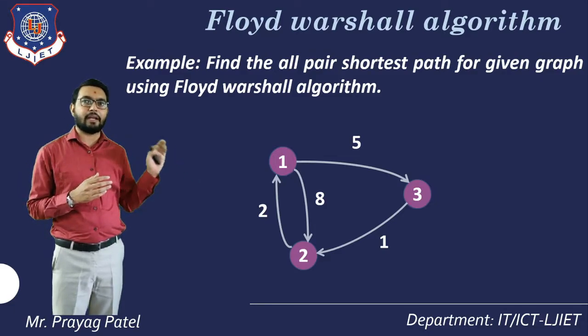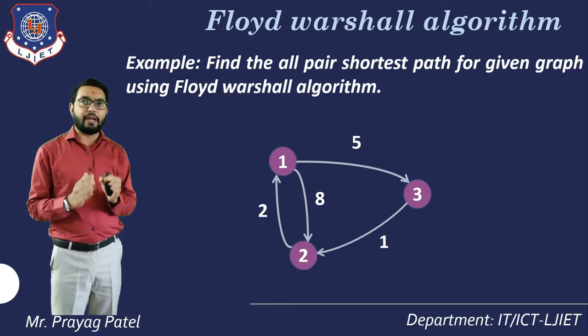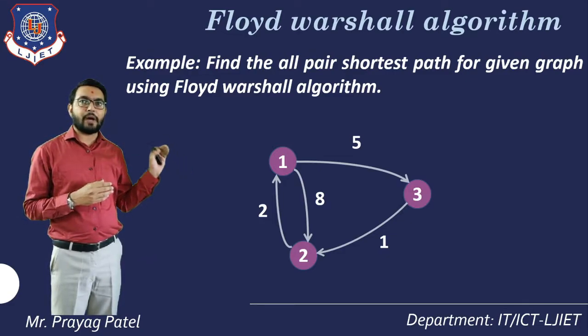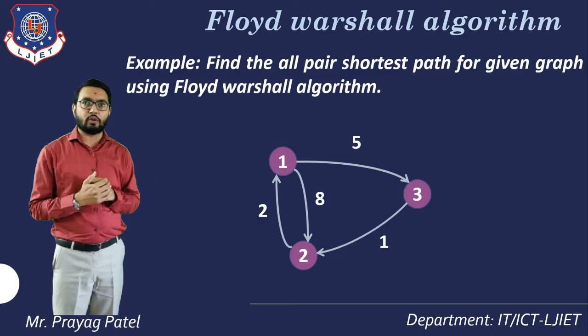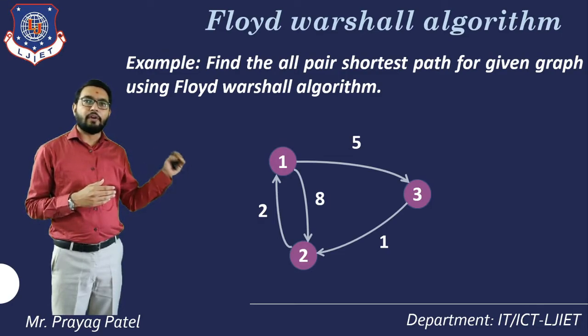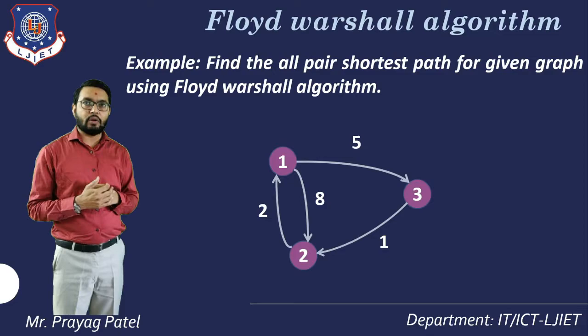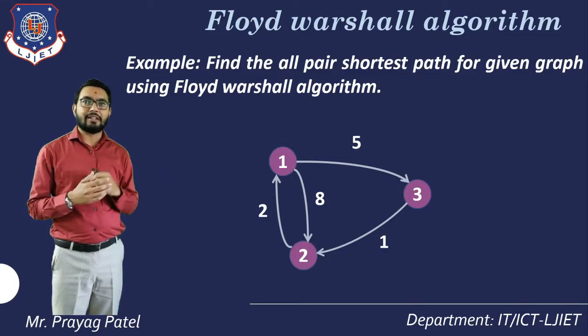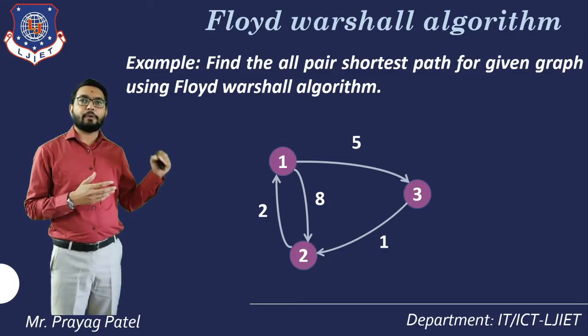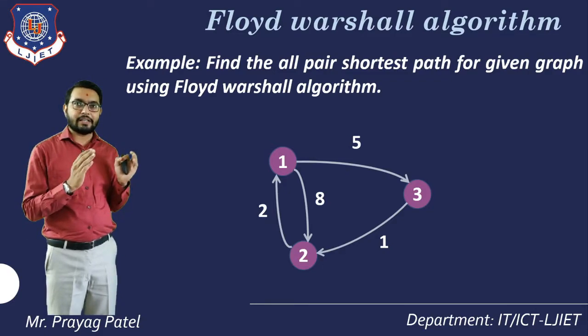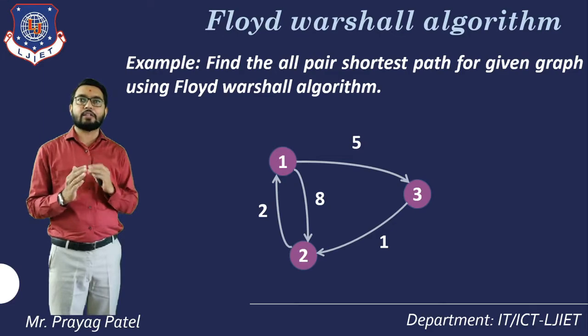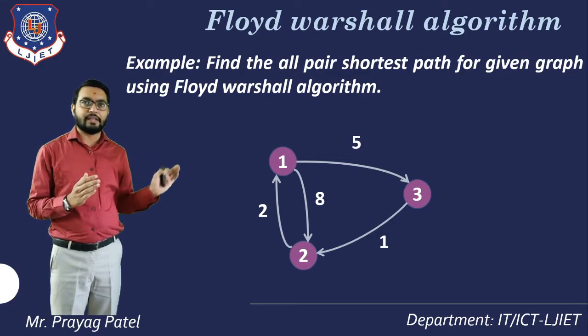Here consider the path from 1 to 3 with weight 5, from 1 to 2 with weight 8, from 2 to 1 with weight 2, and from 3 to 2 with weight 1. So consider this graph and find the shortest paths from it.